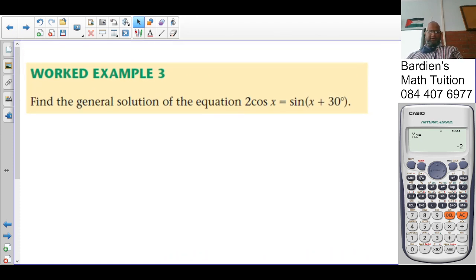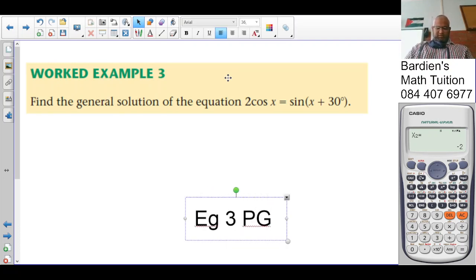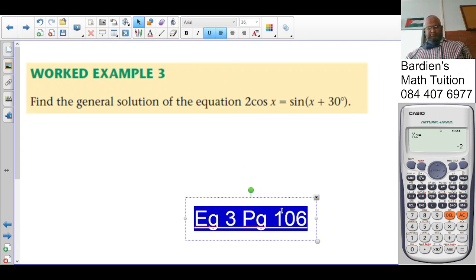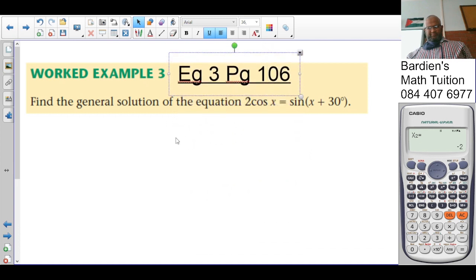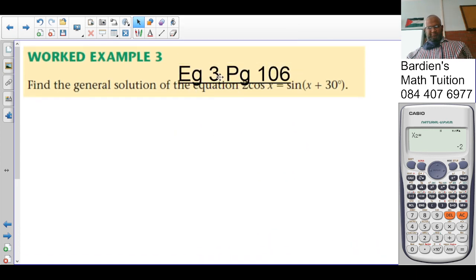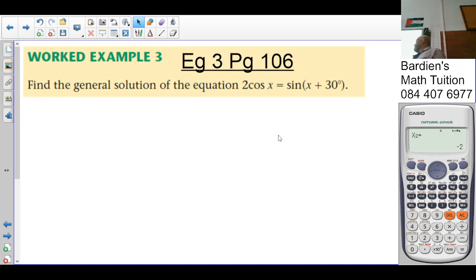Okay, this is example 3 on page 106. The question says determine the general solution of the equation 2 cos x equals sine of (x plus 30). So what can be done here?